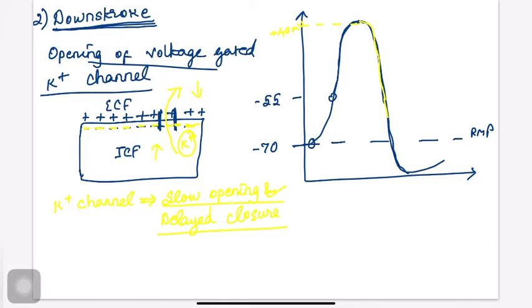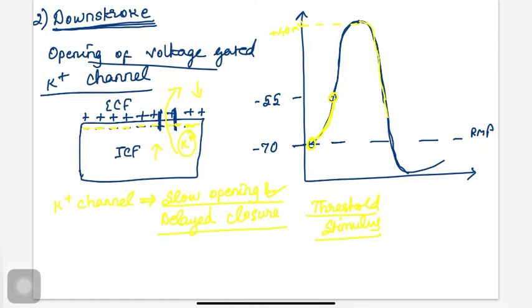We should first understand how the membrane potential reaches threshold potential from resting membrane potential. The threshold stimulus is the reason by which the resting membrane potential reaches the threshold potential.